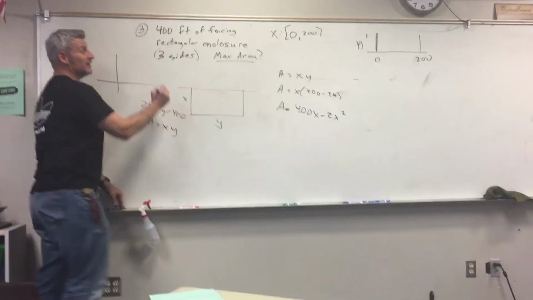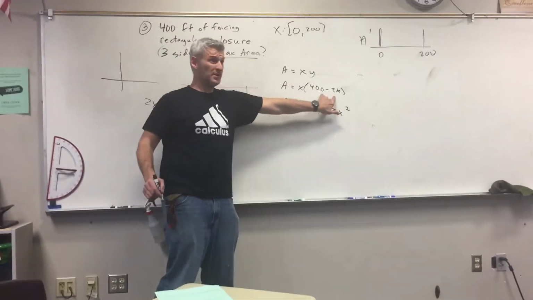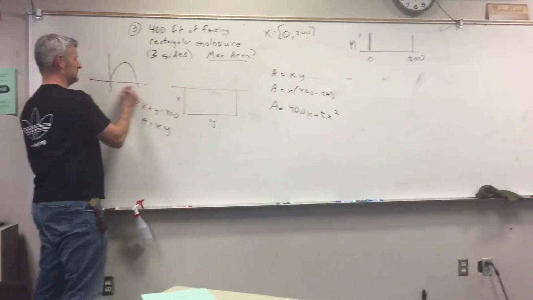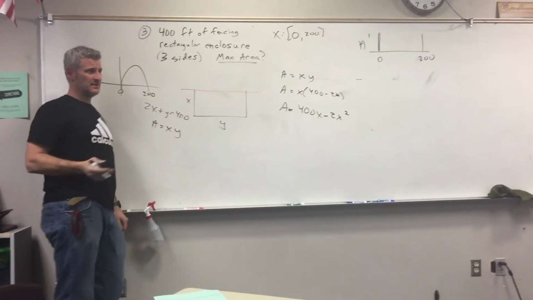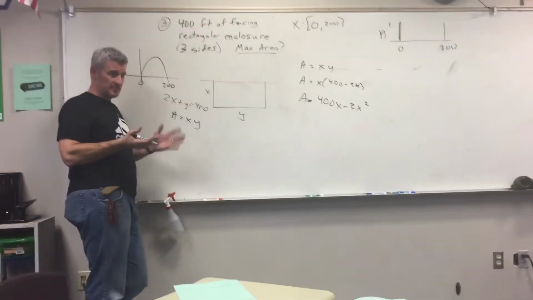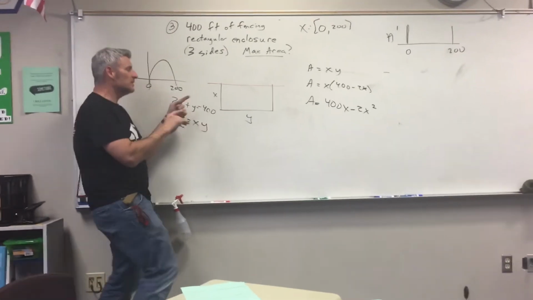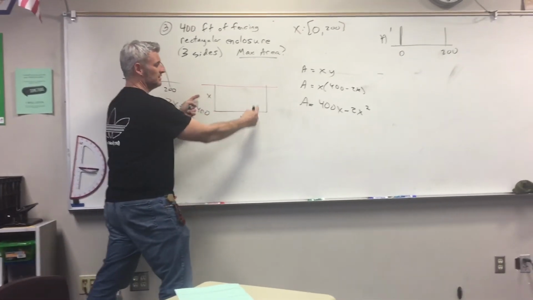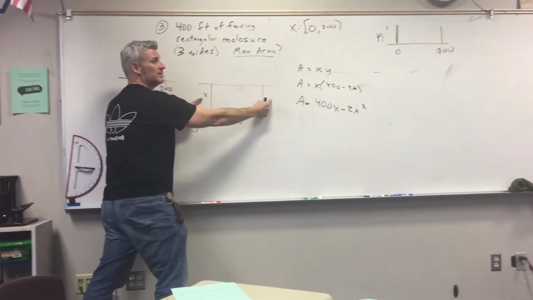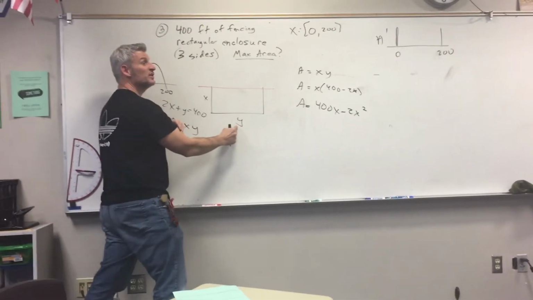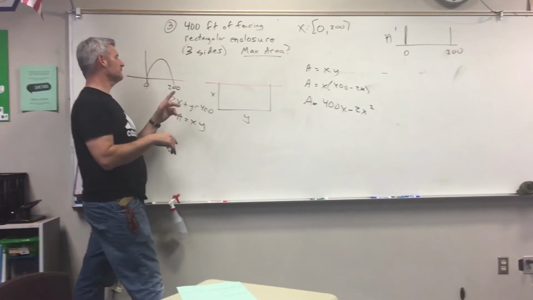But if a negative quadratic has zeros at 0 and 200, quadratics behave beautifully symmetrically. So what's our answer? 100. So I already know the answer is going to be 100. But I don't know that yet. All right, let's do it.